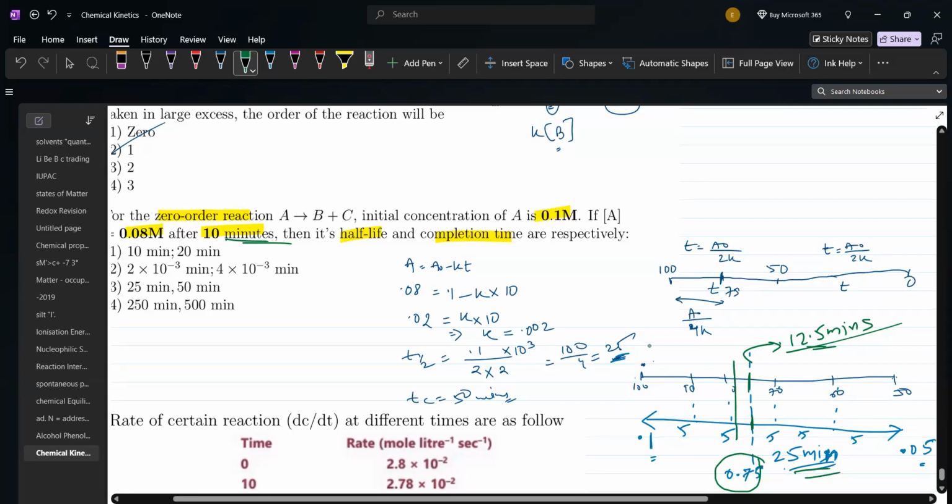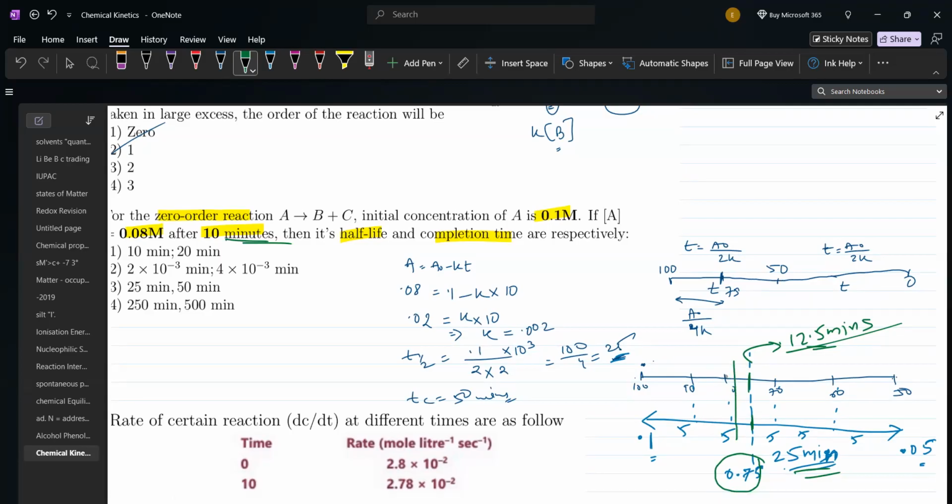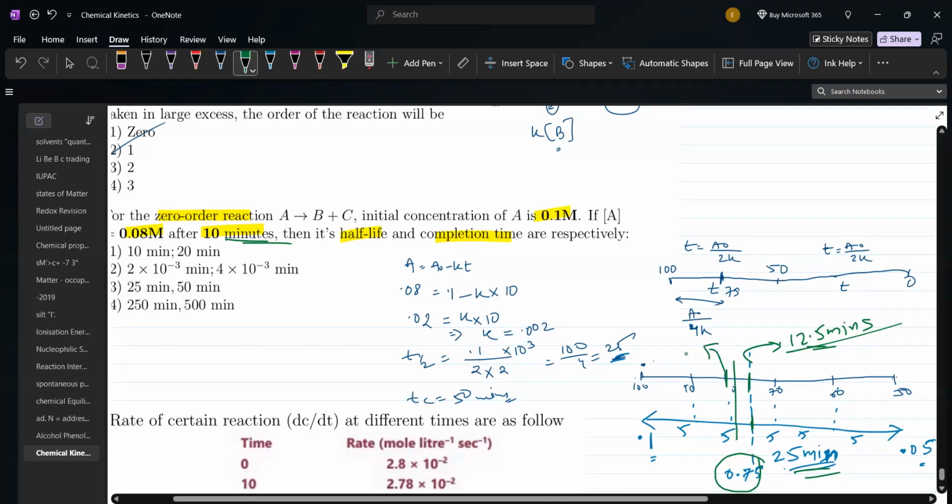So here, 0.08 is here. This is 0.08, so 10 minutes is gone.